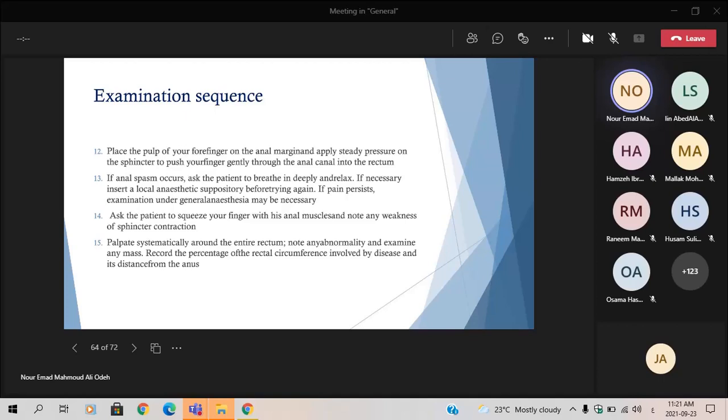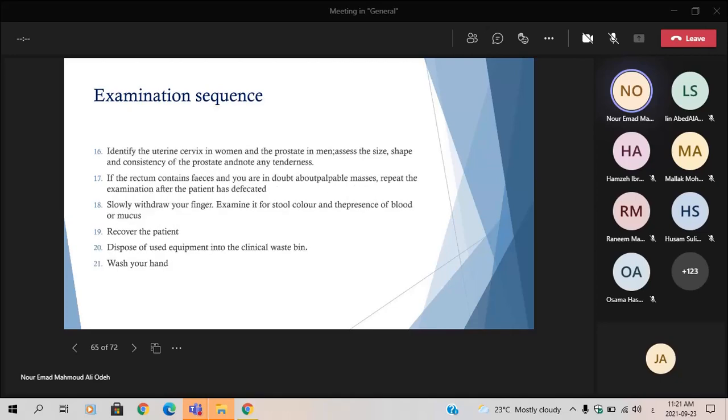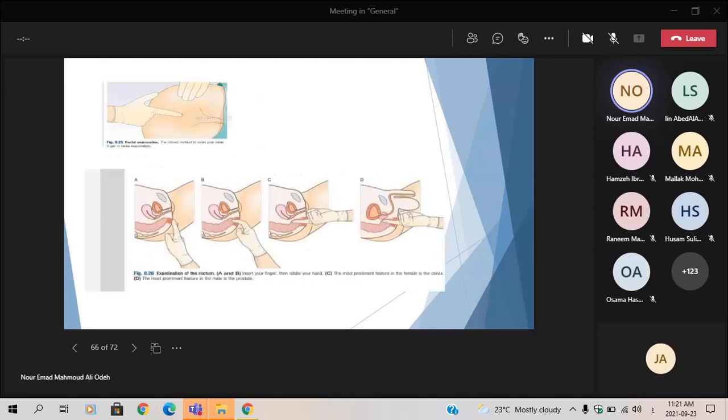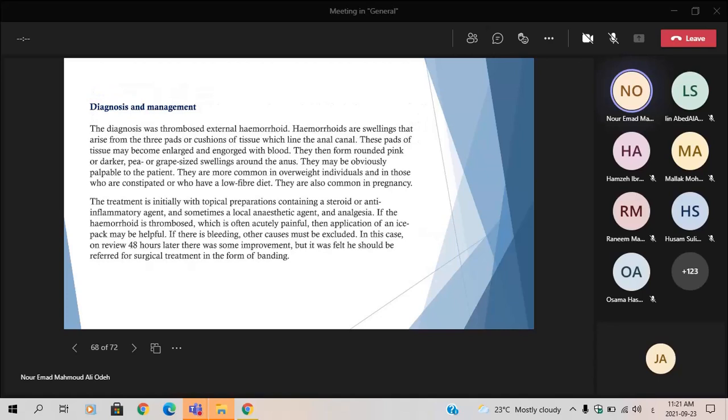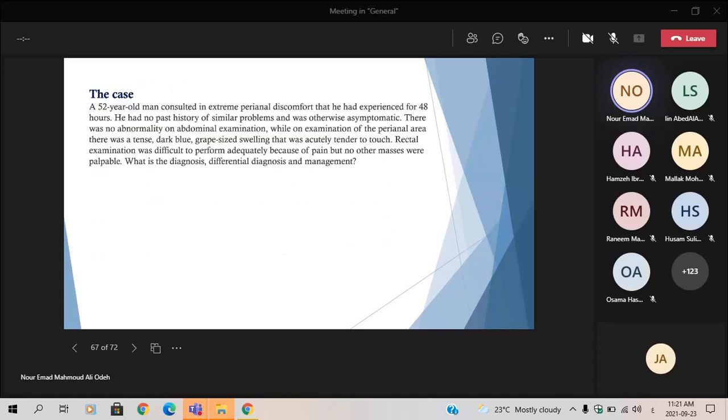When inserting the finger, we need to rotate our finger 360 degrees to see if there is any mass. And this, we leave only one case, so if you want to read it and solve it.